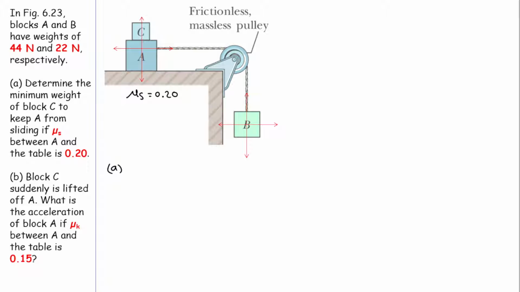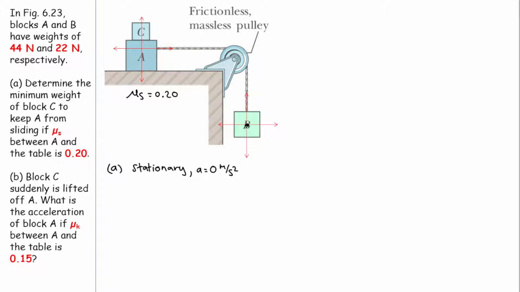So that means that the system is in a stationary state, and that means that the acceleration of the system is equal to 0 meter per second squared. Good. And now let's draw all the forces that work on A and B. I will start from B here.